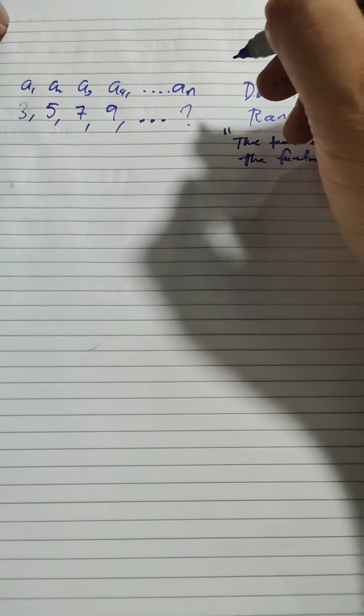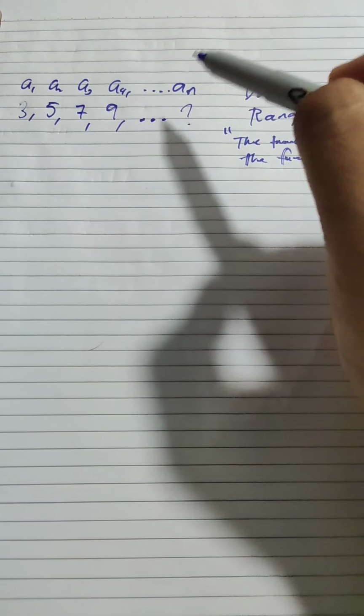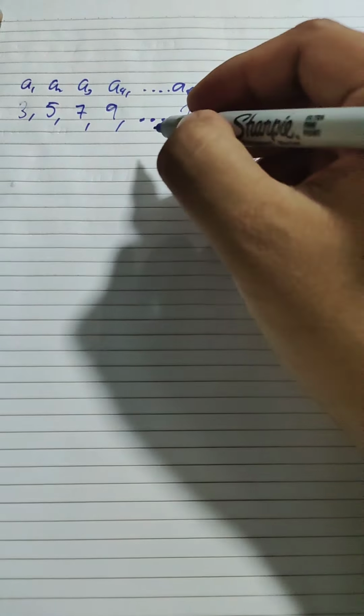As you can see, we have a list of odd numbers: 3, 5, 7, 9, 11, 13, 15, and so on.